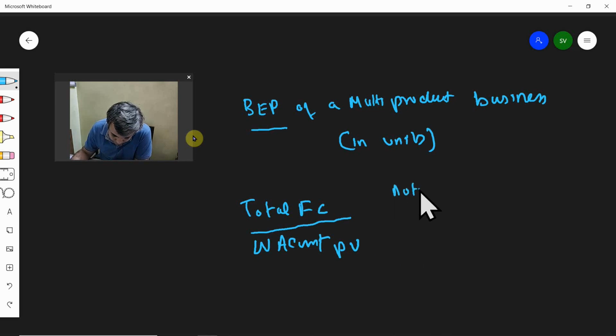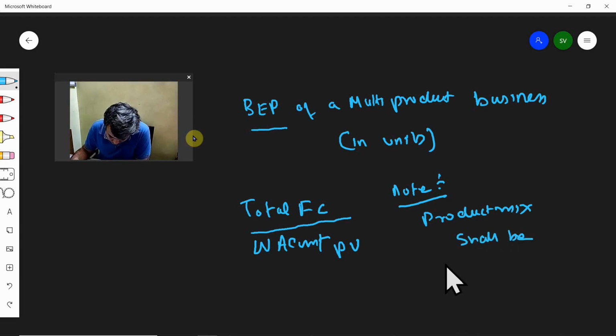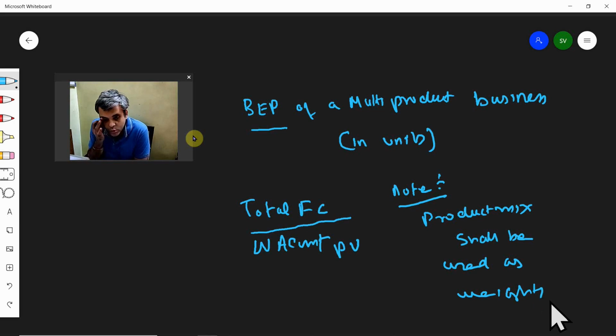Note, product mix shall be used as weights.